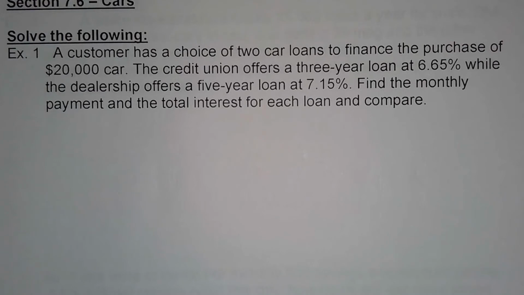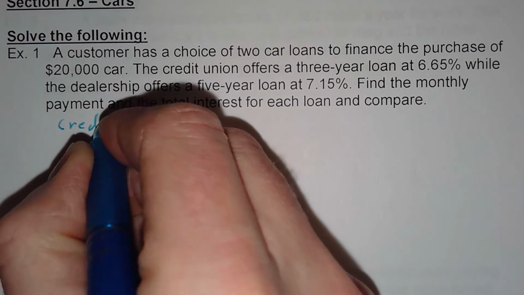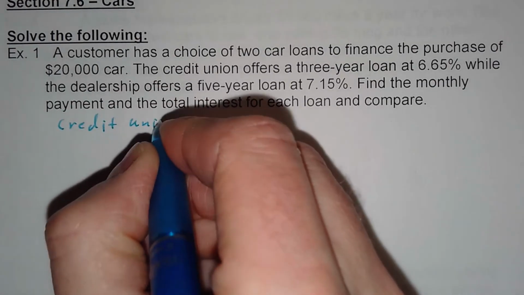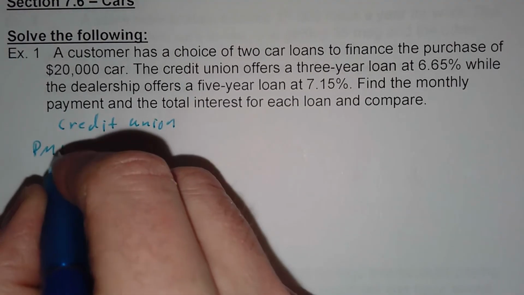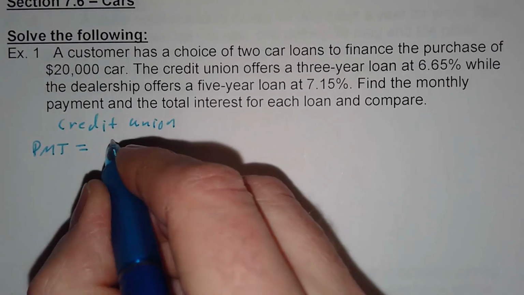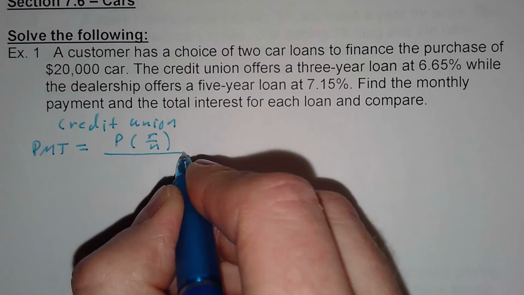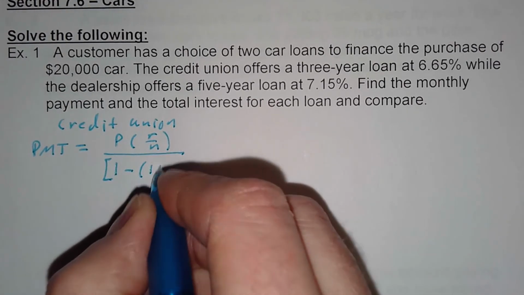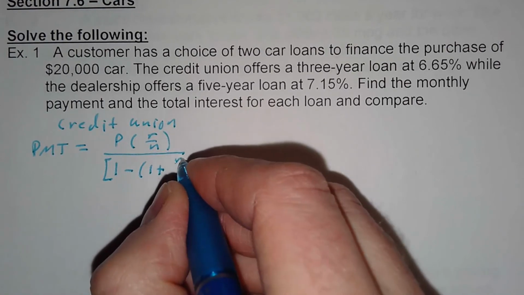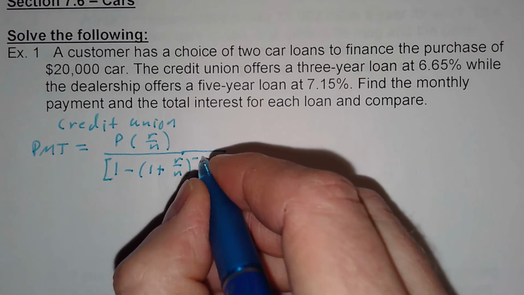Okay, so let's do the credit union first. I'm going to write down my formula: PMT equals P times R over N, all divided by 1 minus 1 plus R over N raised to negative NT.